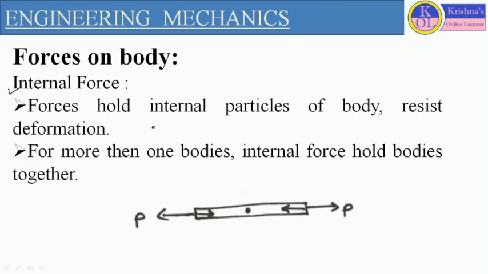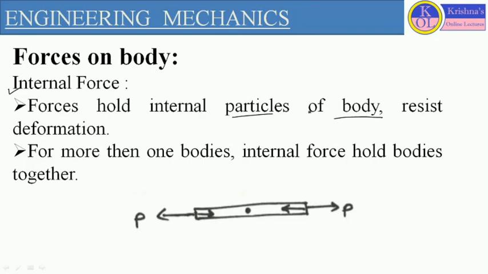What is internal force? If you know the idea of force of cohesion and force of adhesion, the force of cohesion we generally define as the force between the internal molecules of any particular object. As we know, we generally define a body as an assembly of a number of particles.